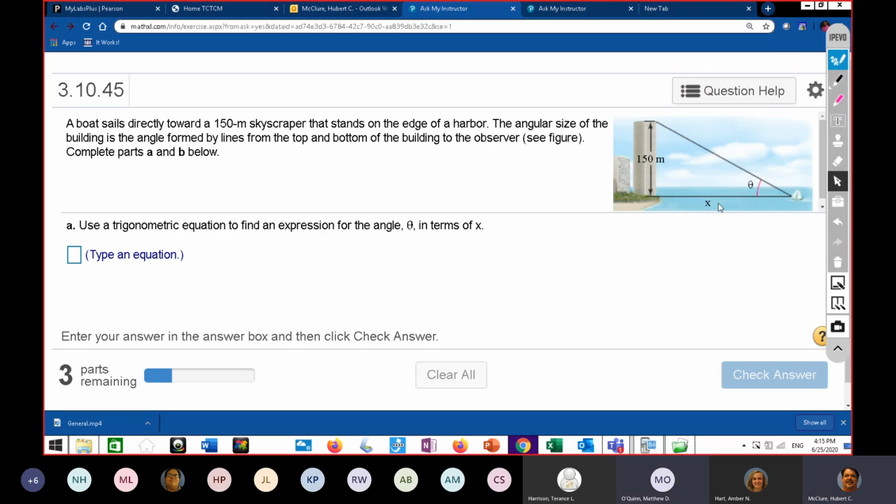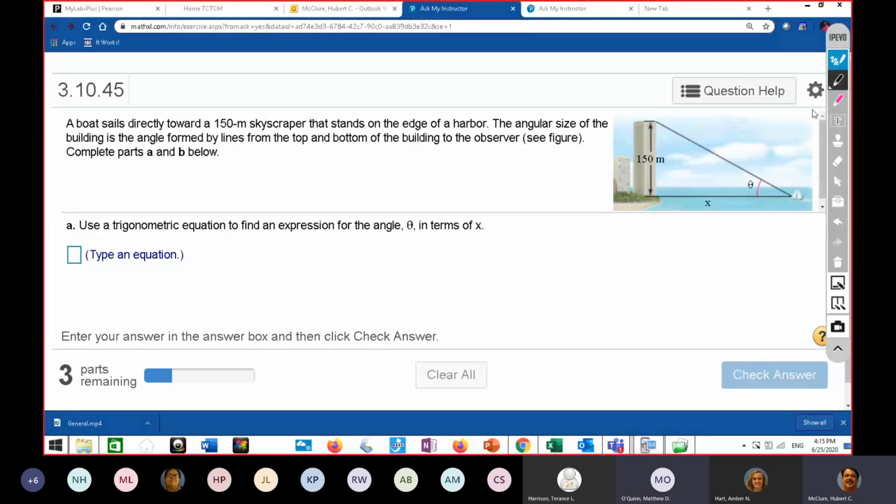Tangent. Theta is equal to the inverse tangent, or they might want the tangent. I don't know. No, they want the inverse tangent. They want the inverse. Yep. So that's going to be theta. For x.